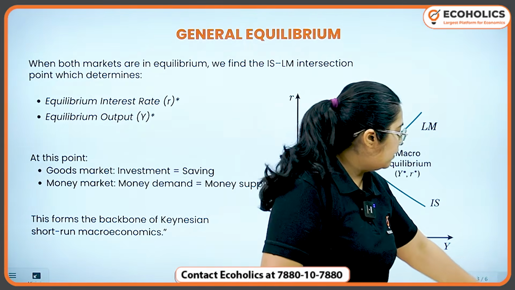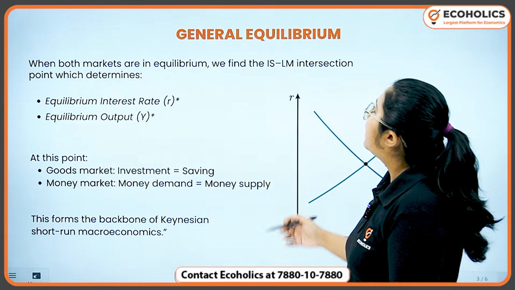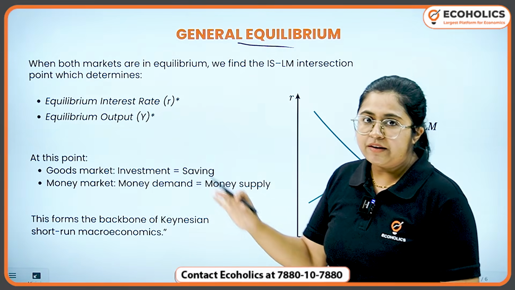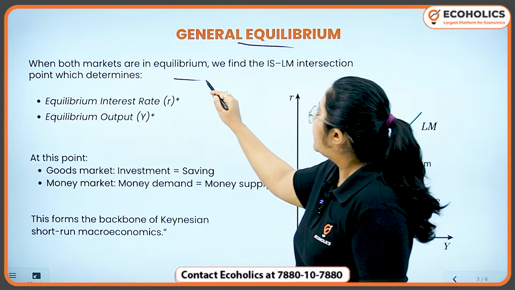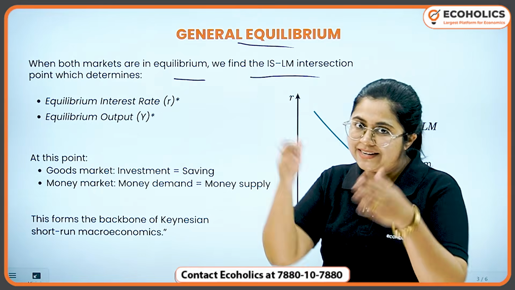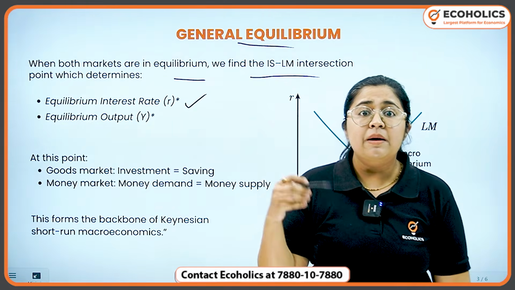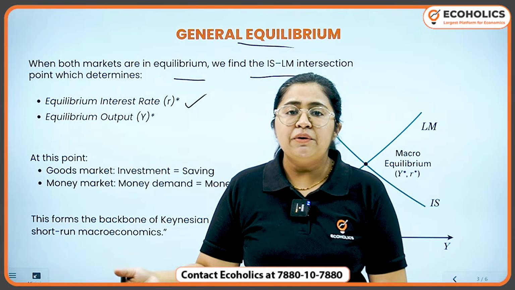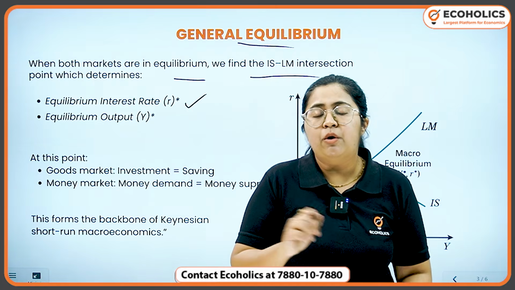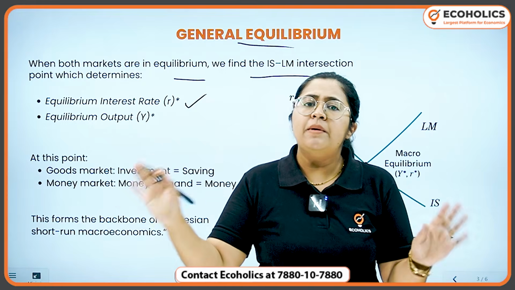Now let's move forward and understand what happens in both of these markets. For the general equilibrium of IS and LM, when both markets are in equilibrium, we find the IS-LM intersection point, which determines what? The equilibrium rate of interest, which we usually utilize in macroeconomics and even in the growth and development module, that there is one common interest rate.